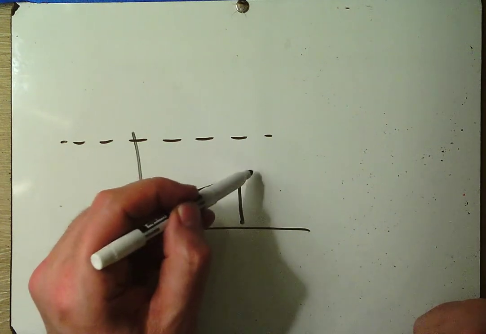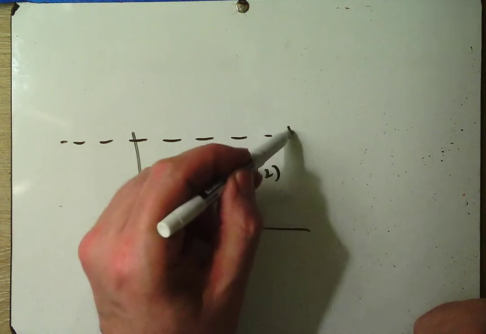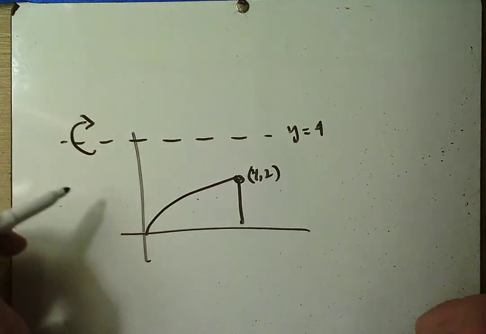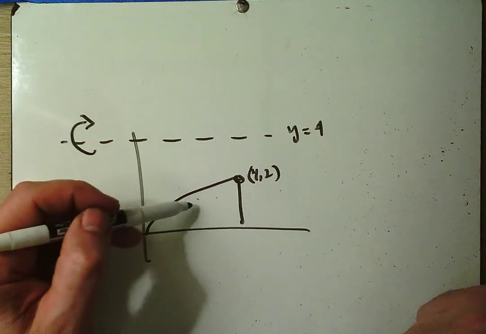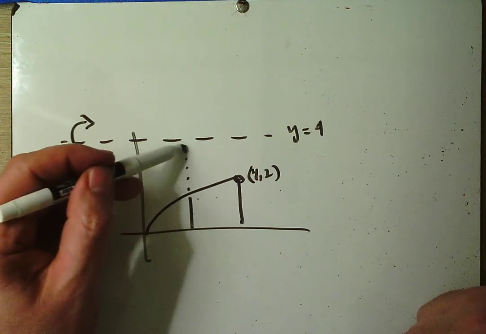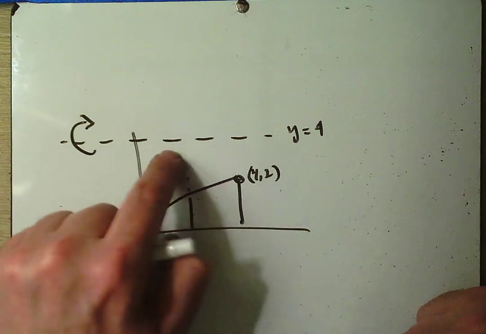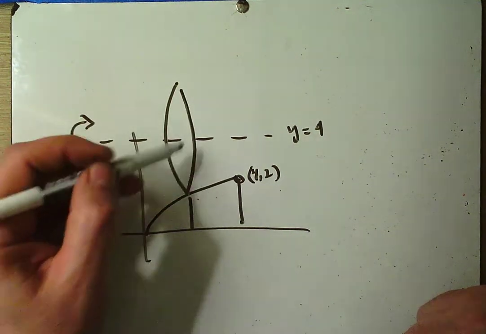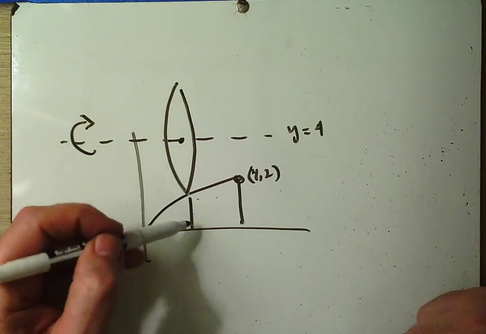So we know that this is 4, 2. We know that this is y equals 4. We're spinning it around y equals 4. We draw something perpendicular to the axis of rotation, right? We want to be perpendicular to that axis. And at each end, we draw a circle whose center is the axis of rotation.